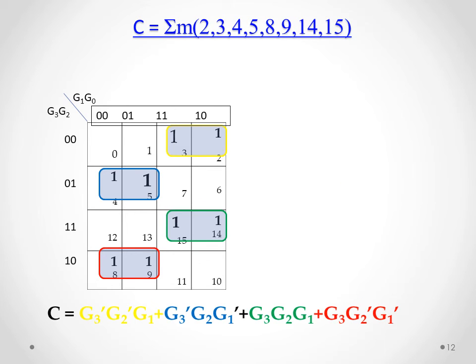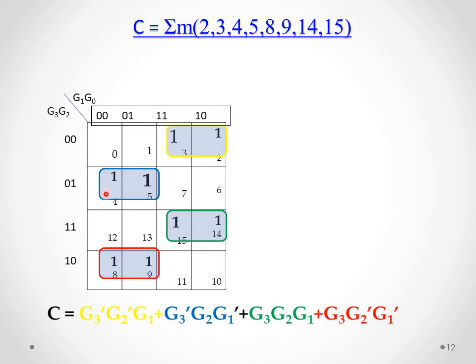Now this is the logical expression for C. This is the sum of minterms expression for C. We place the sum of minterms into the corresponding cells in the K-map and combine these cells. Now all ones are combined into 2-cell groupings. Now we write the expression for each grouping. The expression for the first is G3 G2 bar, and the common term between the two cells is G1 bar.